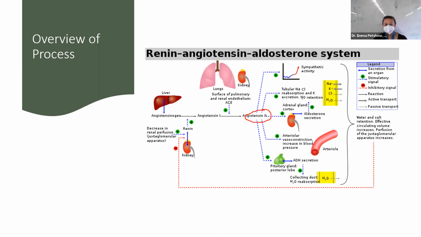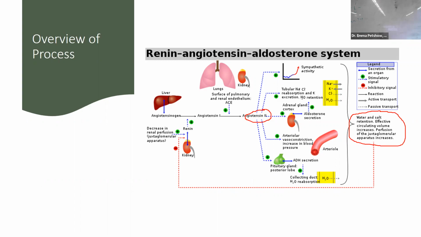Once water and salt retention occurs, there are chemo and pressure baroreceptors that can measure and monitor these things. It's going to send negative feedback to tell the kidney to stop increasing renin production, which then will stop the cascade. It's measuring this perfusion specifically at the juxtaglomerular apparatus, the JGA.